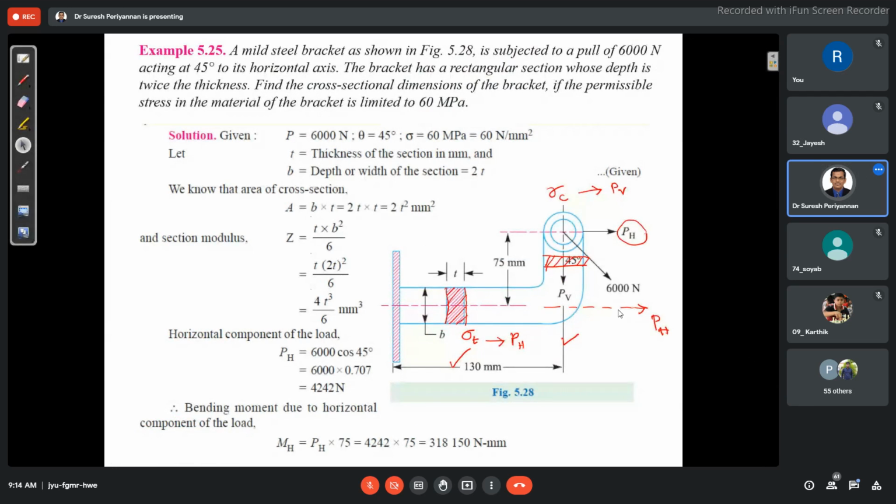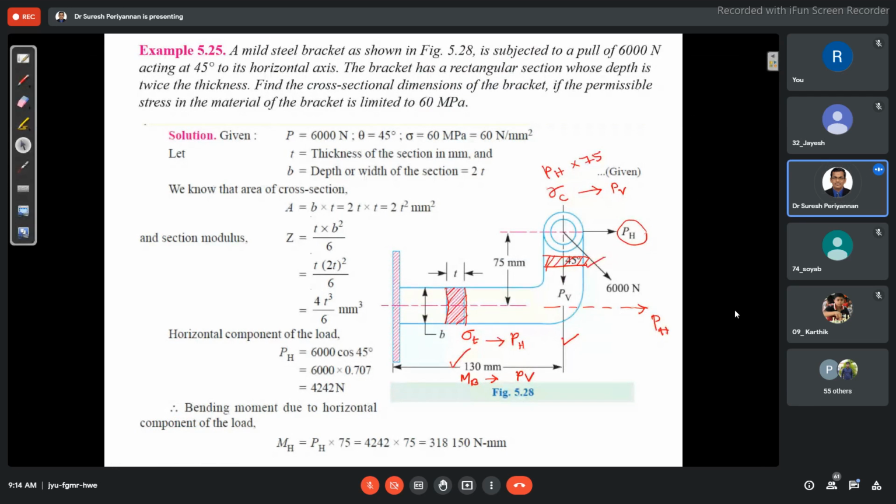The bending moment in this region will be with the help of PH into 75. Okay, now this is subjected to compressive stress.